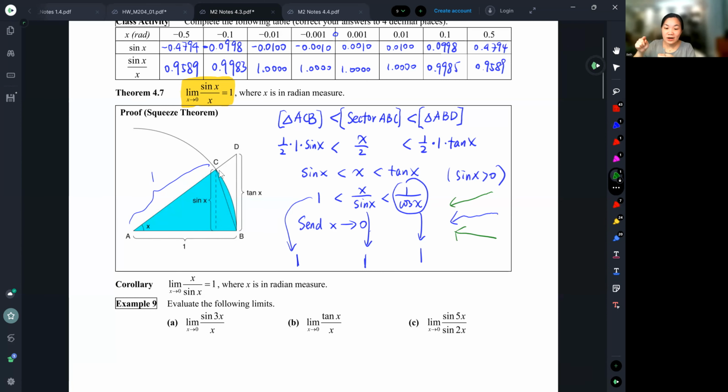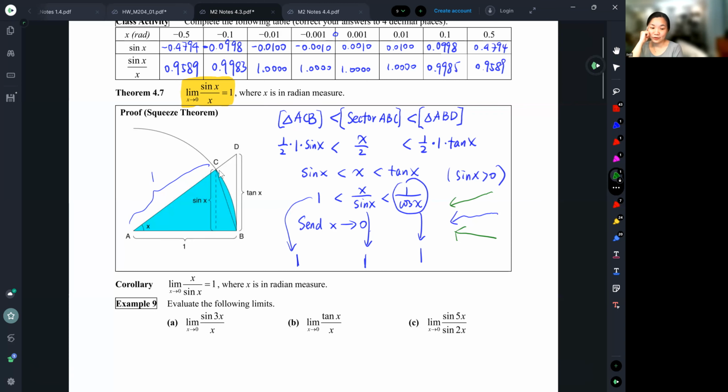But the one above me tends to 1, and the one below me also tends to 1. So if I am squeezed in the middle, then this function must tend to 1. You know what I mean? Anyway, I think that's considered as a proof.